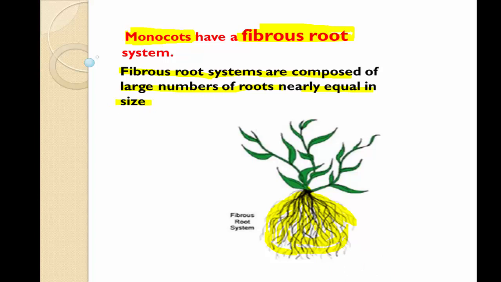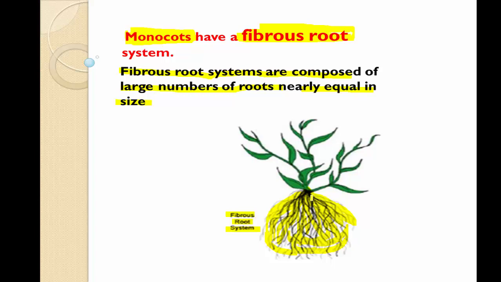All these roots have the same size, and all of them are arising from a common point. Such type of root system is called fibrous root system. So monocots are characterized by fibrous root system. Dicots are characterized by taproot system.